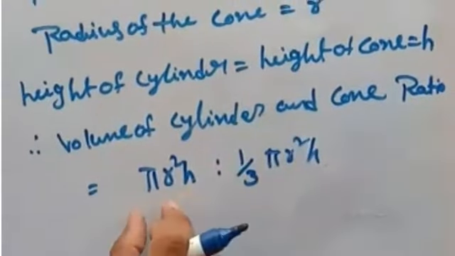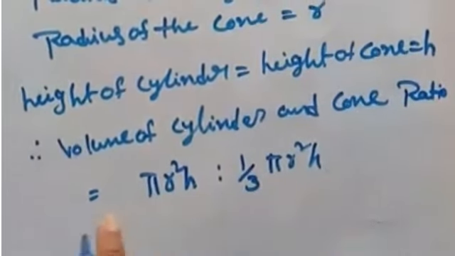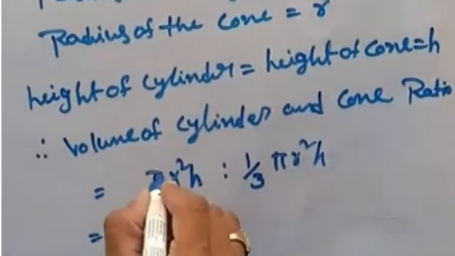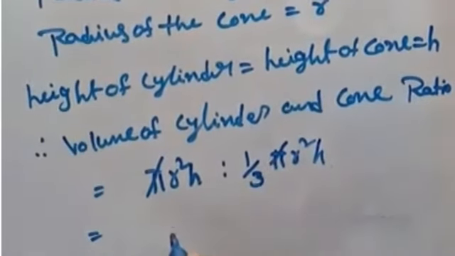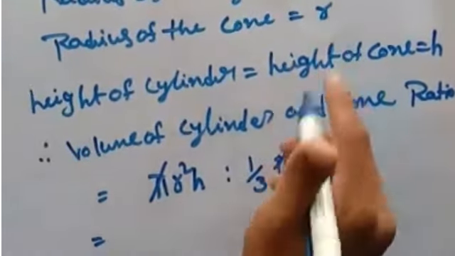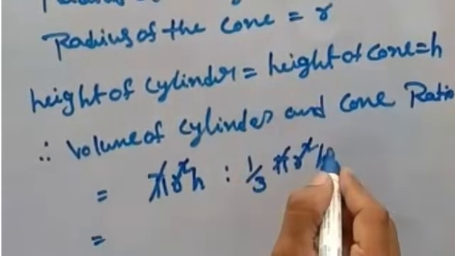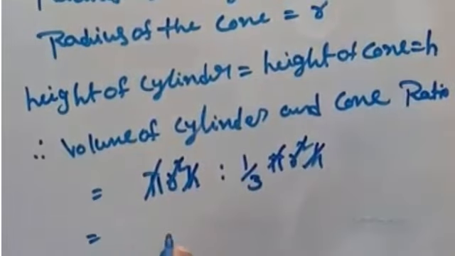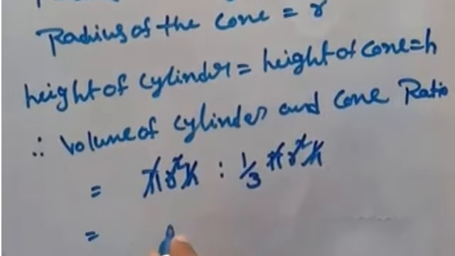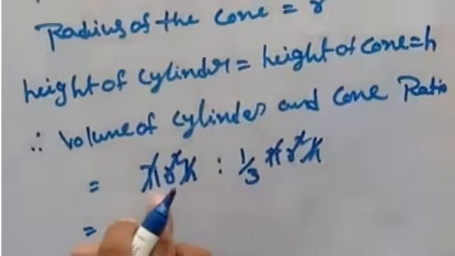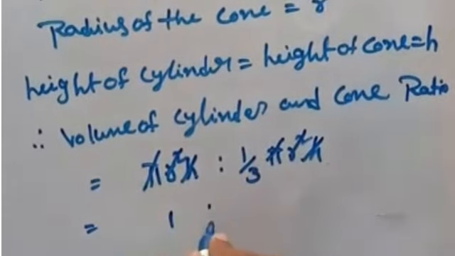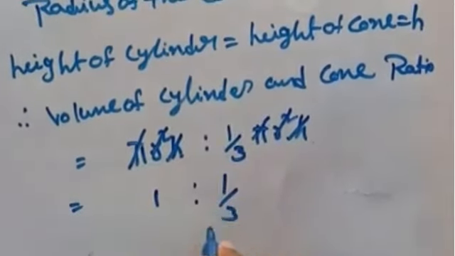We can write the ratio of both cylinder and cone volumes. That implies pi cancels, and radii are both equal, so r square cancels. Next, height also equal, h cancels. Finally all are cancelled. Here 1 is to 1 by 3.